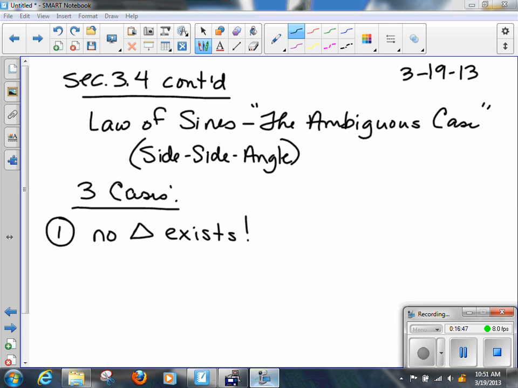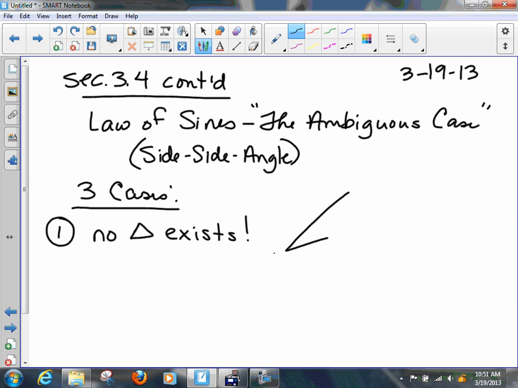How does no triangle exist? Well, you think about it, if you had an angle and a side given that doesn't match, meaning they don't meet, okay? Like one side is too short to meet the other side. Then I can't form a triangle to have one exist. So that's what it's looking like, okay?